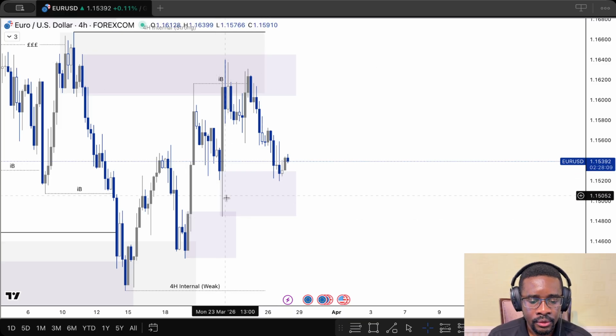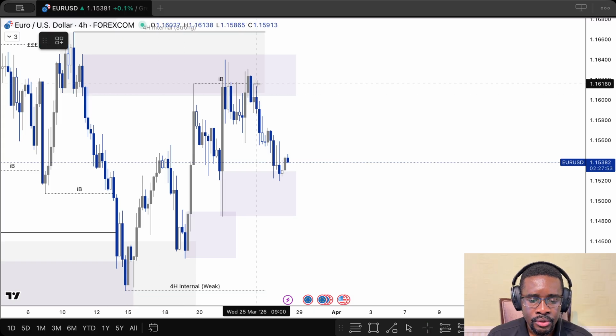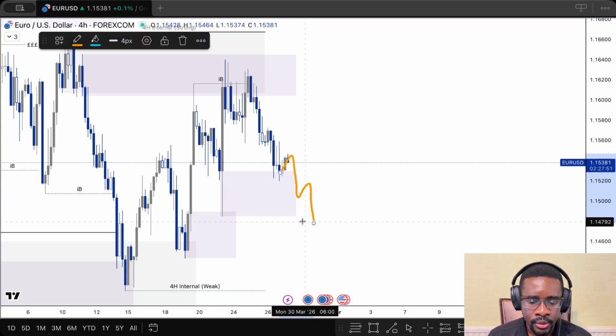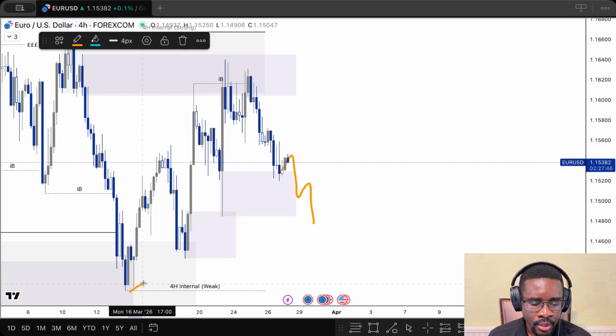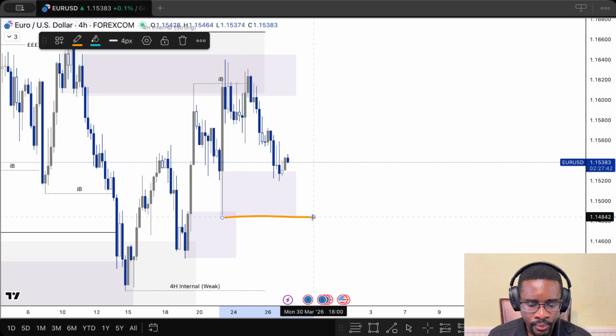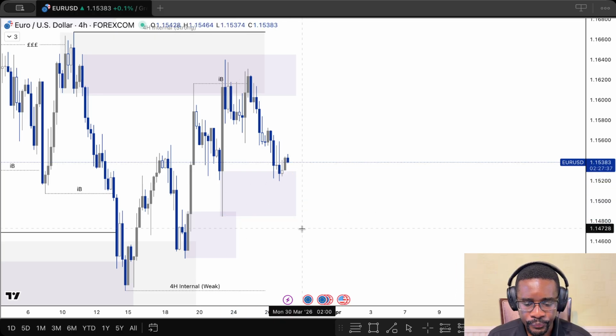Even from that bullish push, we didn't have a close until price retraced and then came up, made a lower low, lower than this high that was made. So we could anticipate that price will probably continue bearish and possibly take out maybe this low. Maybe target that low, who knows.